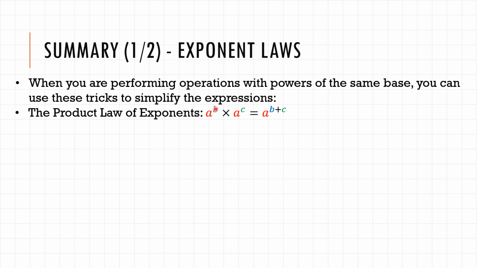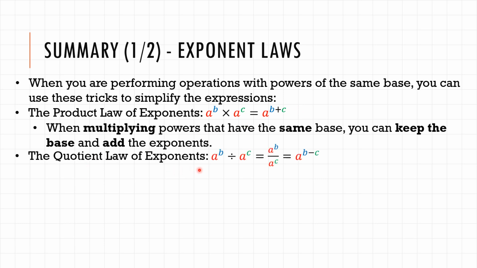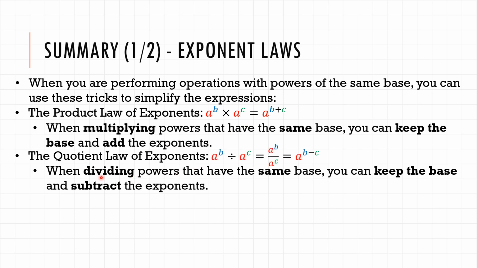A to the power of b multiplied by a to the power of c tells you that if the bases are the same, you can just add the exponents together. And just now we finished learning the quotient law of exponents, which is when you're dividing powers that have the same base, you keep the base the same and you subtract the exponents.